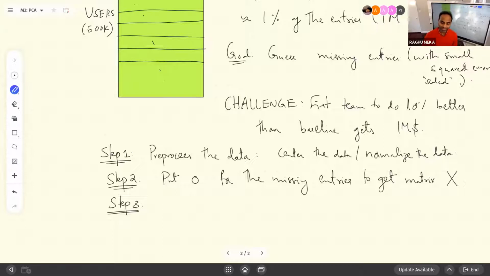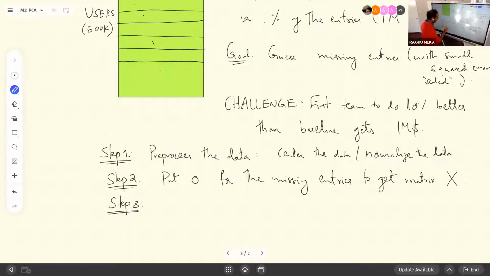So let me give you a hint. Imagine that for whatever reason, the unknown matrix with all the entries filled in, the true ratings matrix, is low rank. What would you do in that case to guess the missing entries? What would be a good way to approach that?